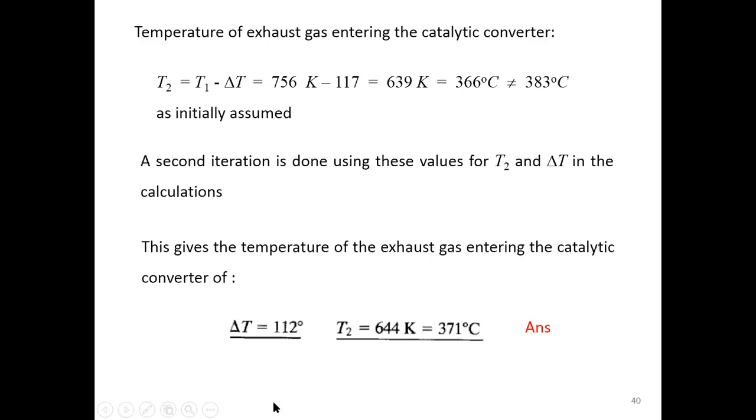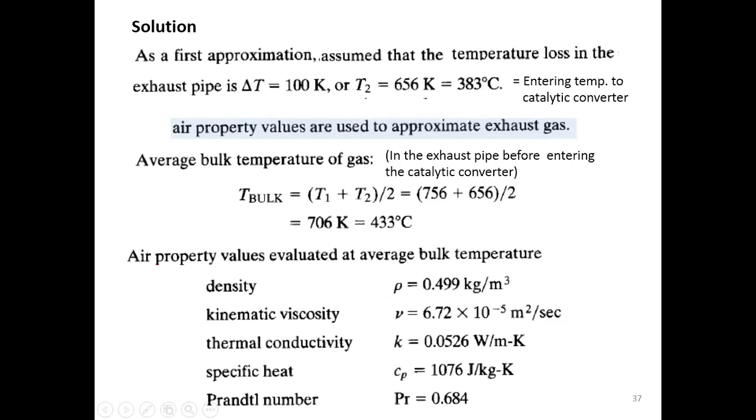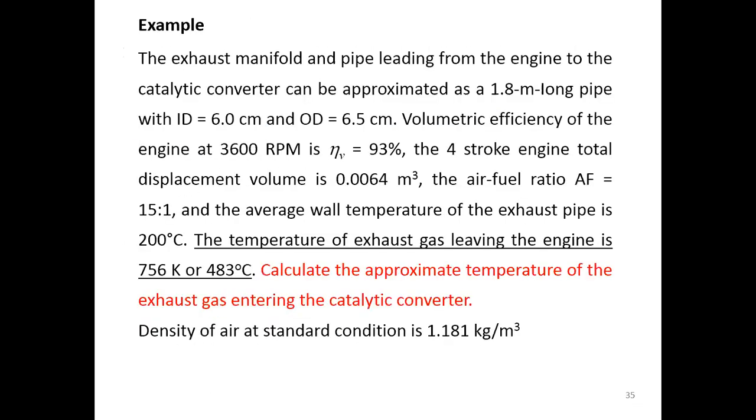Here, they finish at delta T equal to 112, and the exhaust gas temperature before entering the catalytic converter will be 371 degrees Celsius, compared with when it leaves the engine, which is 483.